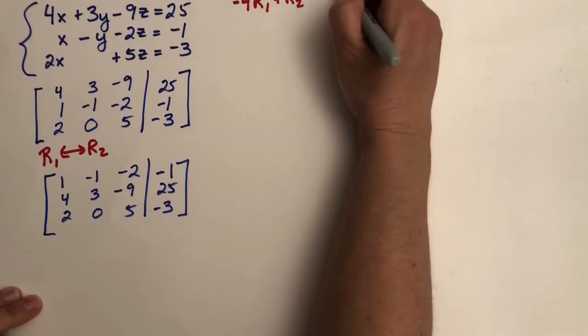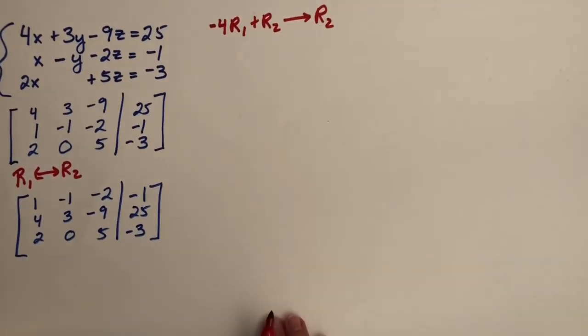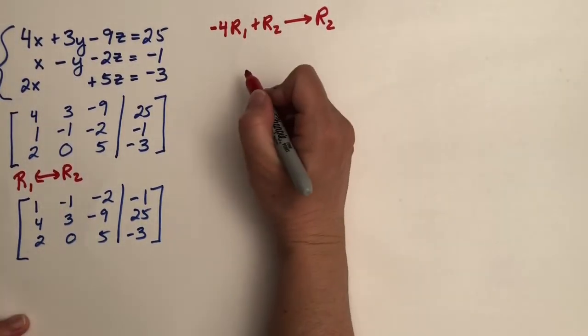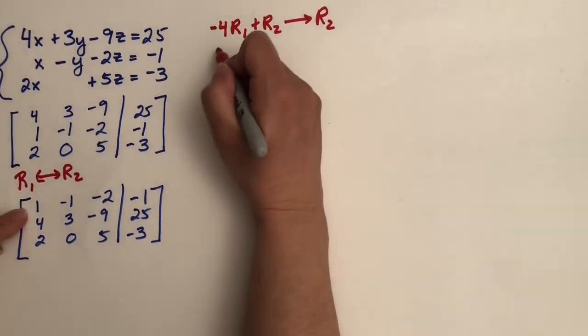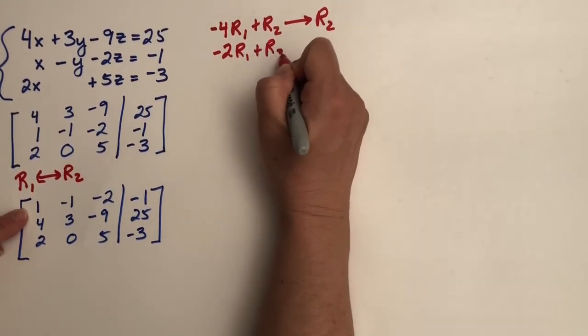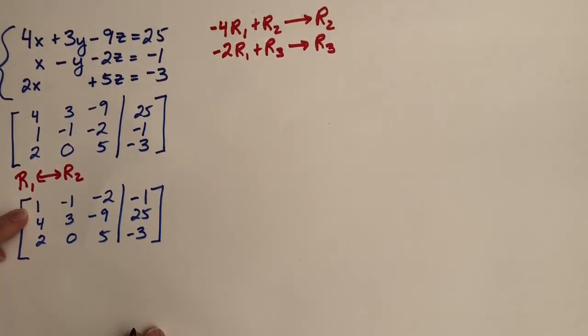We'll put the result in row 2. And I'm going to pull this down so you can actually see what I wrote. And then we'll multiply -2 times row 1 plus row 3. And we'll put the result in row 3. So we're going to make both of those zeros at this step.